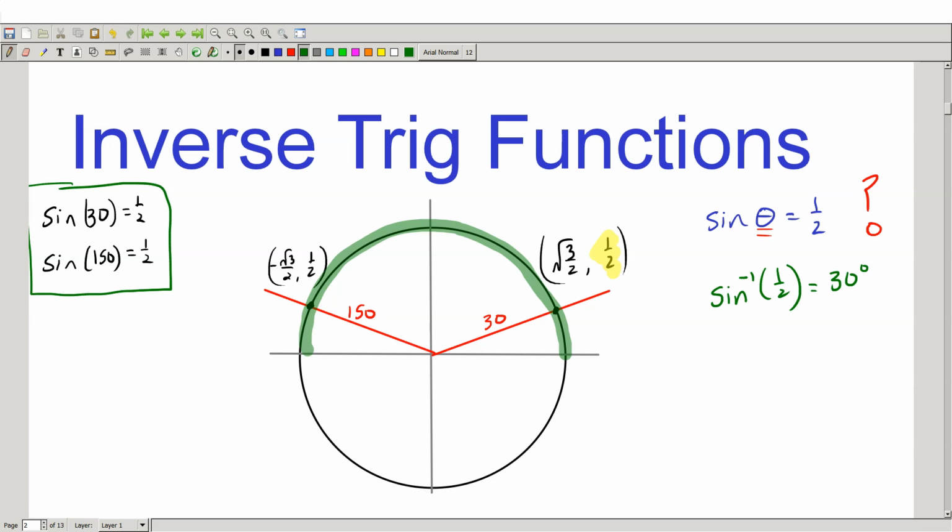If I put sine inverse of 1/2, it's always going to give me 30 degrees. So the question you might have is, if I plug this into my calculator, yeah, I see that it gives me 30 degrees, but why not 150? Because 150 is also true in that case. So those are the questions we're going to be talking about. This is the same case for the cosine function and the tangent function.